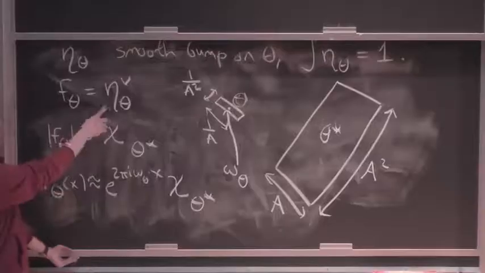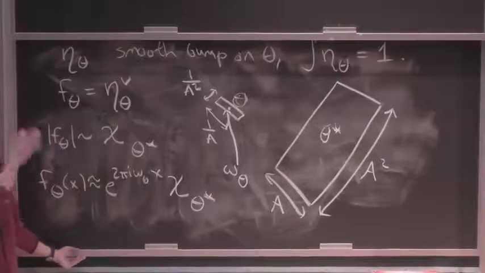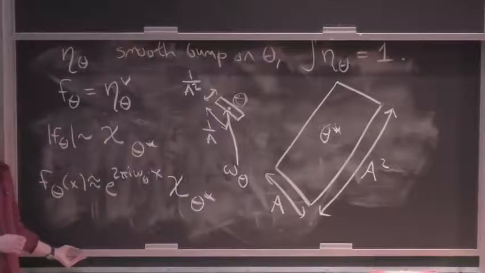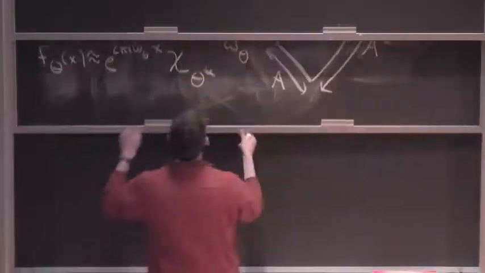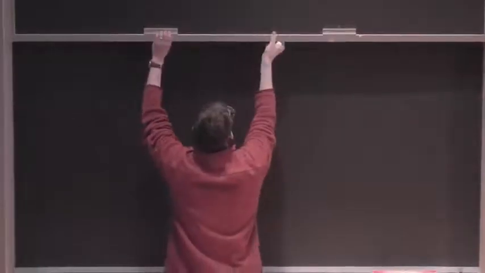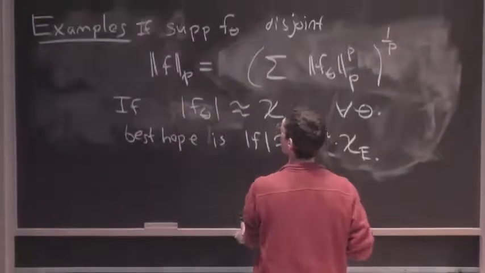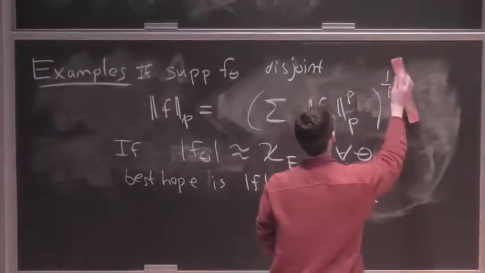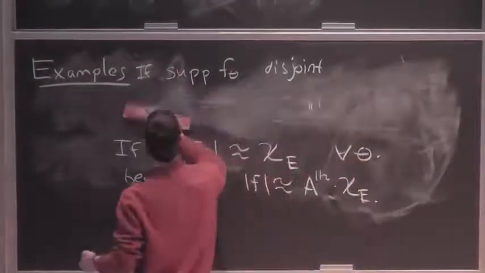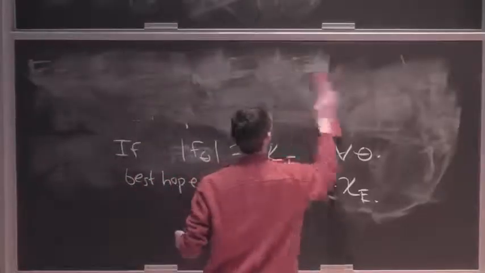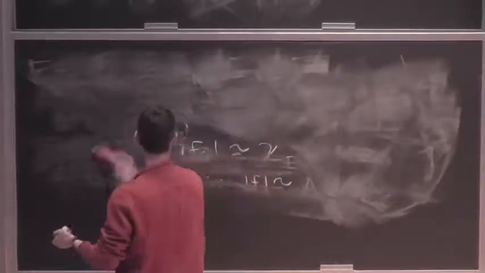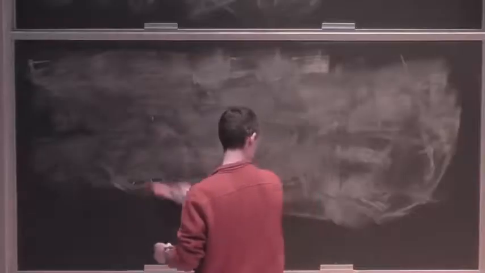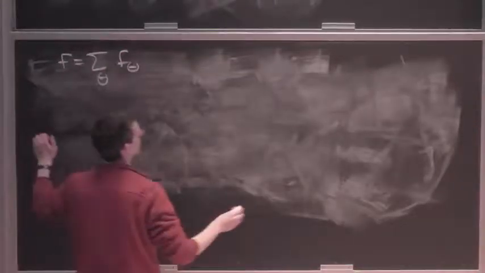So that's one building block, my f theta. And to make f, I'm going to add up the f theta for all of the different thetas. F is the sum on theta of f theta.